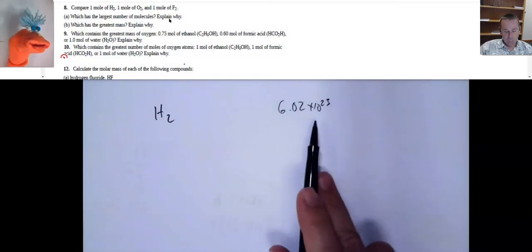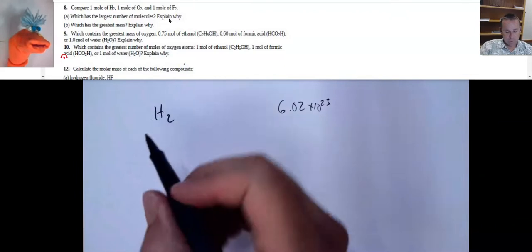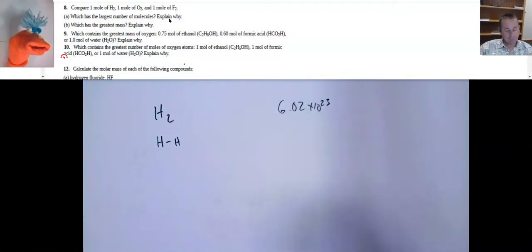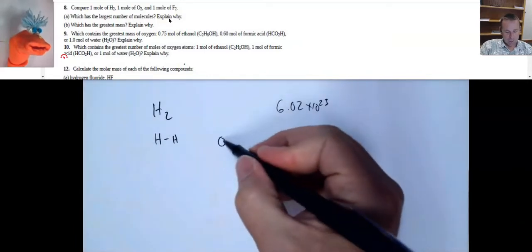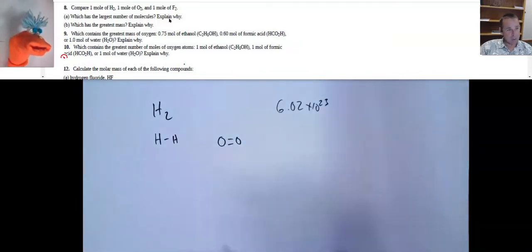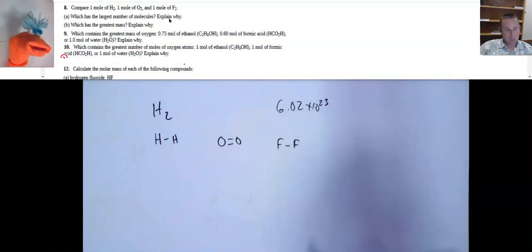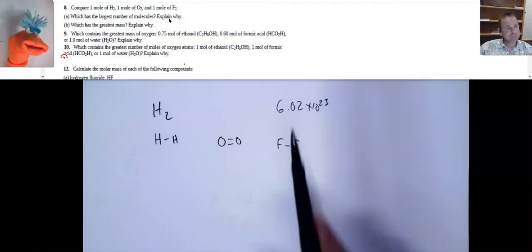So if I have 1 mole, or that many of these, that's how many I have. Comparing those moles, which has the largest number of molecules? They're the same because they're all 1 mole, which is counting the number of them.